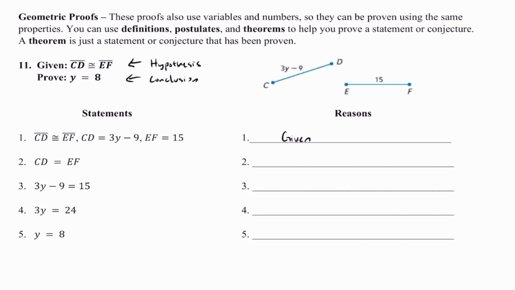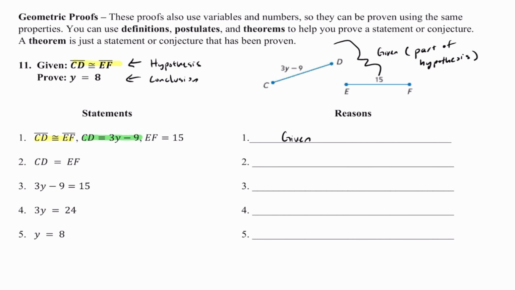But what about the diagram to the right? Well, this is considered our given, which is part of the hypothesis. Let's take a look at number 1. It says segment CD is congruent to segment EF, which is, of course, our given. And then it says the measure of CD is equal to 3y minus 9.